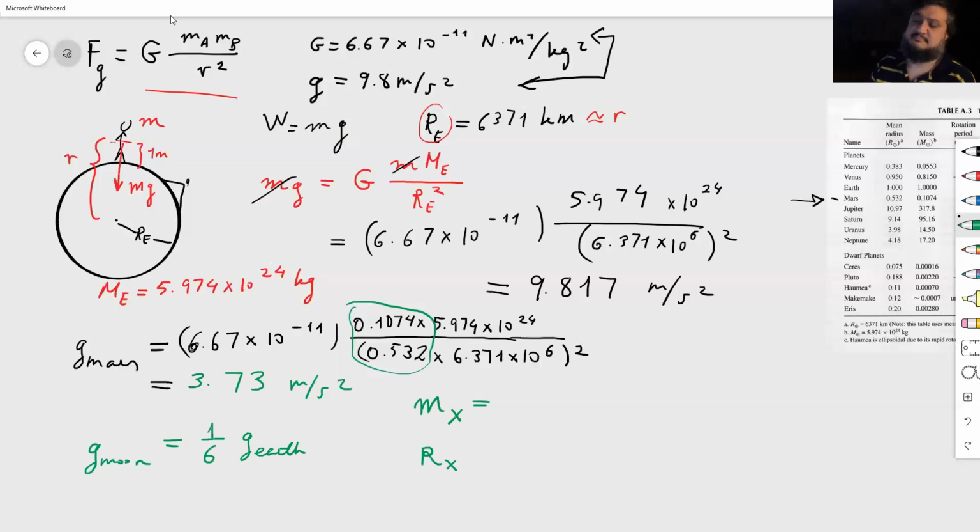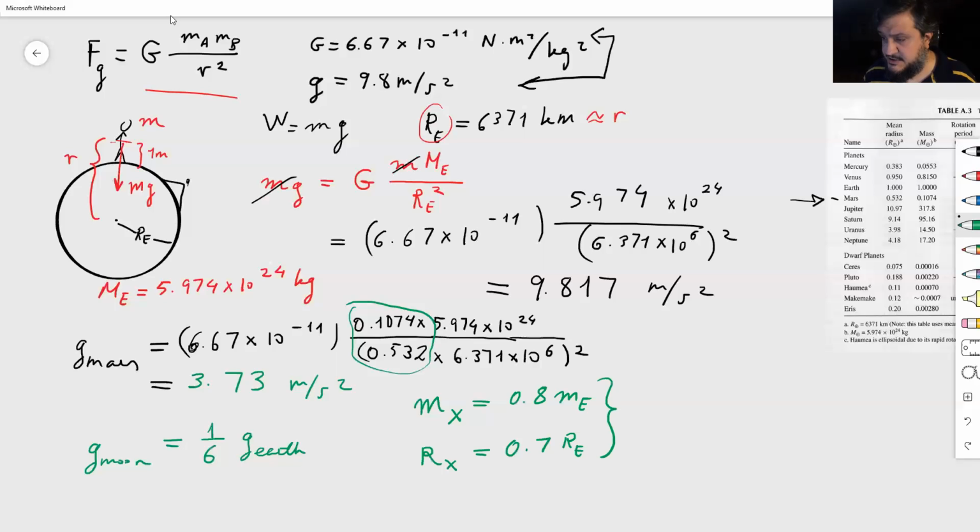Let's say its mass is 0.8 Earth mass, and the radius is 0.7 Earth radius, right? Different density and all that. Density is total mass divided by volume. So what is the g on that planet in terms of the g on this planet, right?